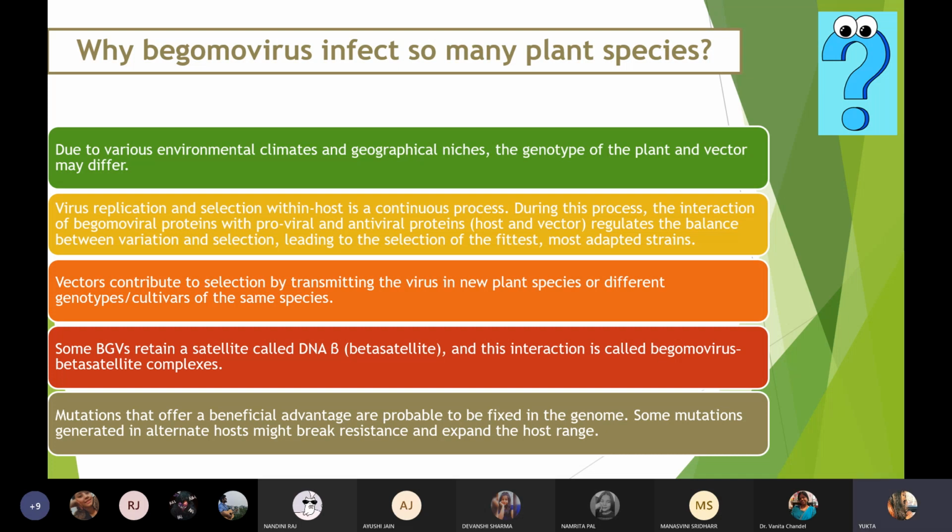And the last reason is mutation: a mutation that offers a beneficial advantage is likely to be fixed in the genome, and some mutations generated in an alternate host might also break the resistance and even expand the host range. Moving to the next slide.